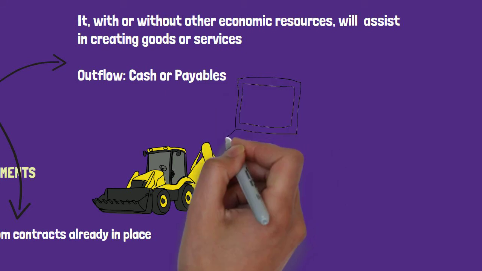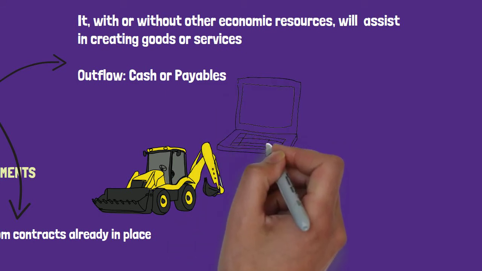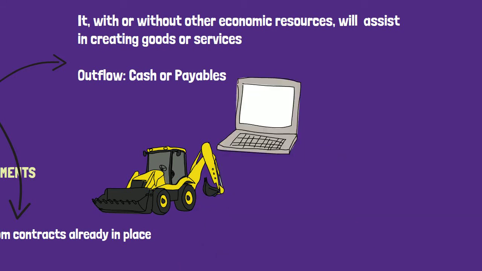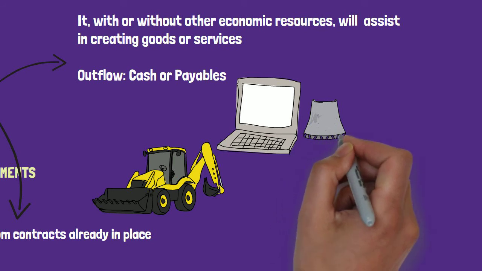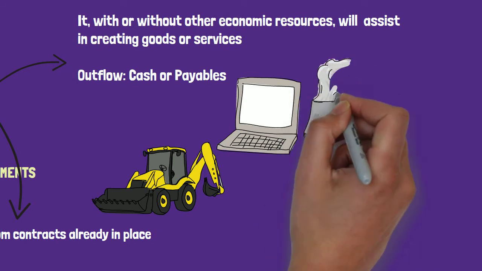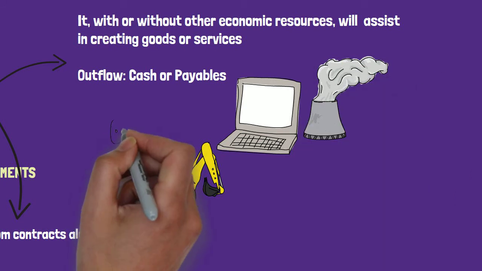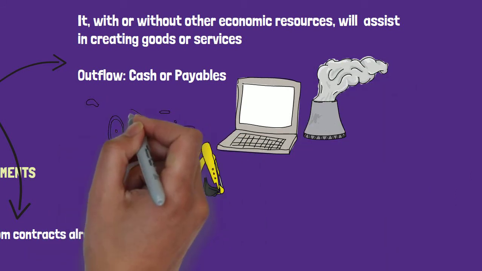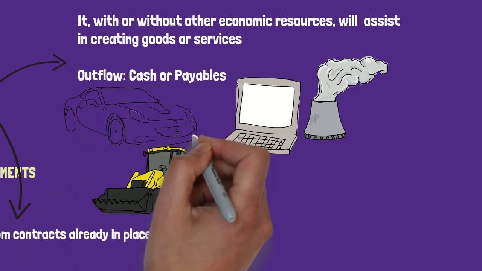Computers help the employees do their work and make it more efficient, which helps the company make more money. Cars. Now, they may be stock if you're a car seller or a car leasing company, but otherwise they help individuals to do their work in a more efficient way.